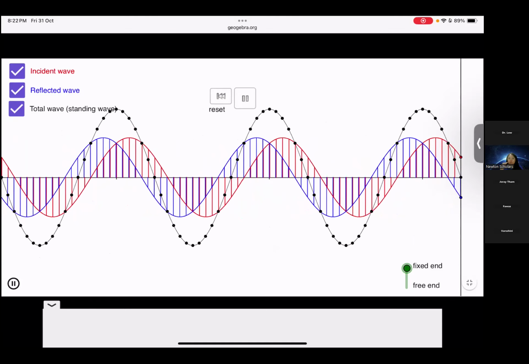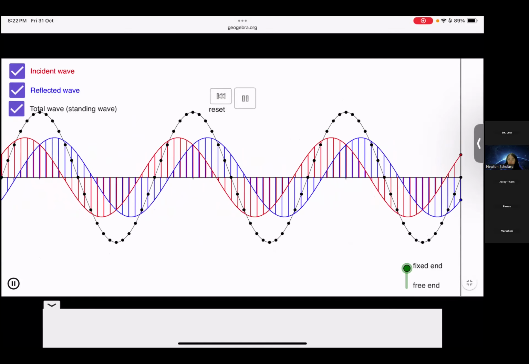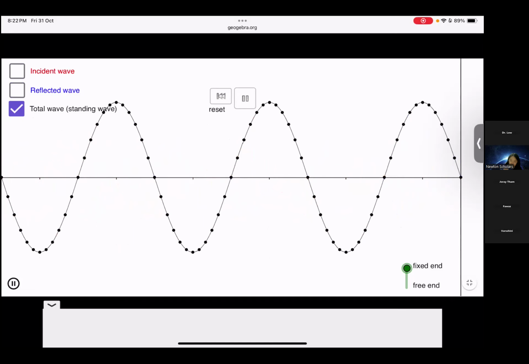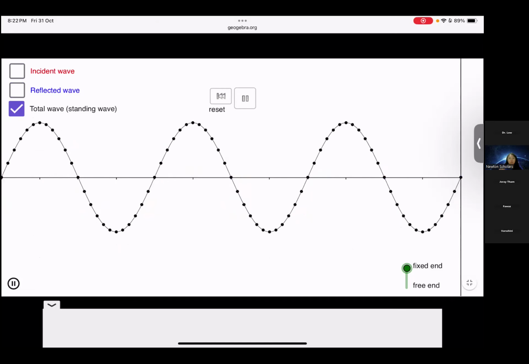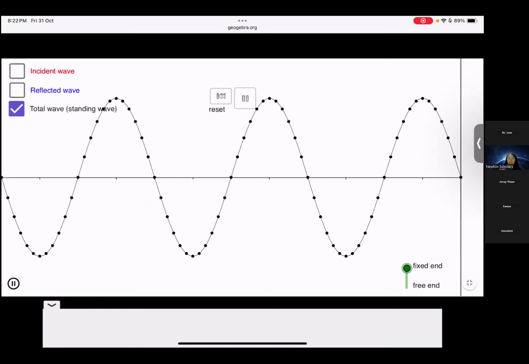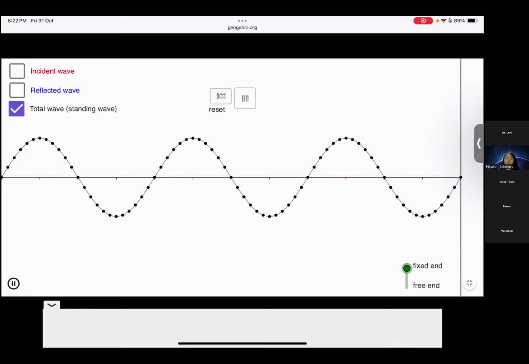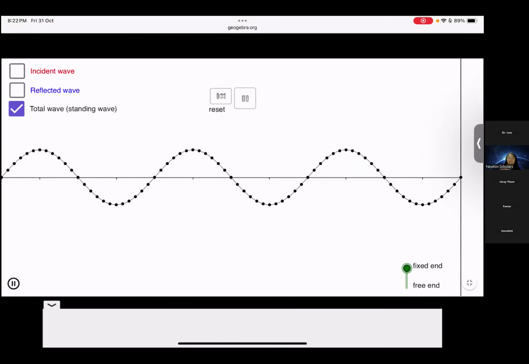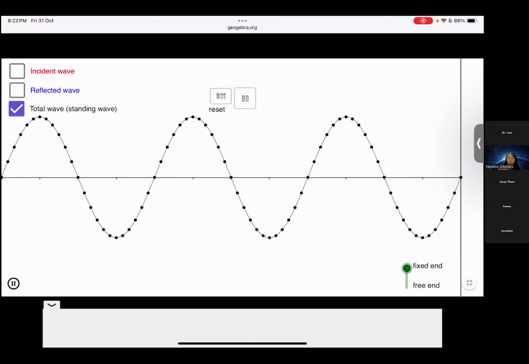But when trough meets crest, they become zero. Now I don't display the incident and reflected waves. So this is called a standing wave. Can you see the wave pattern now? It doesn't move forward or backward, but stays at its own position, going up and down, up and down. They are standing here at their own position.